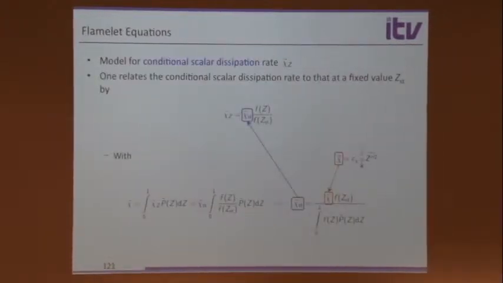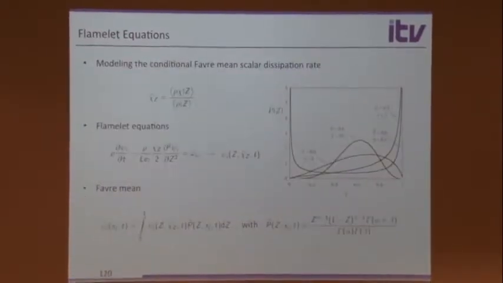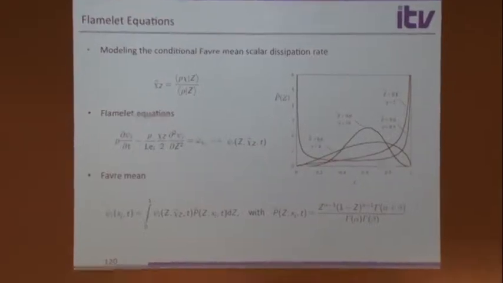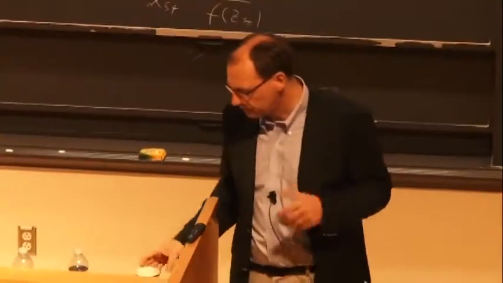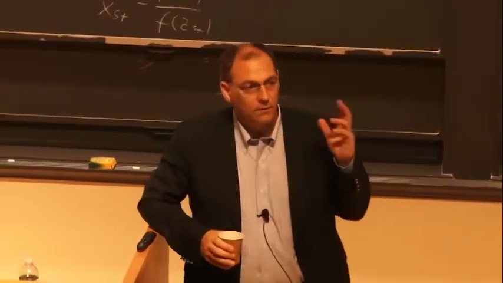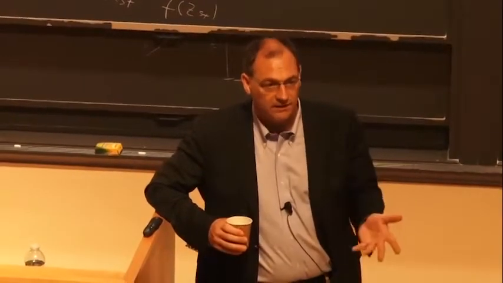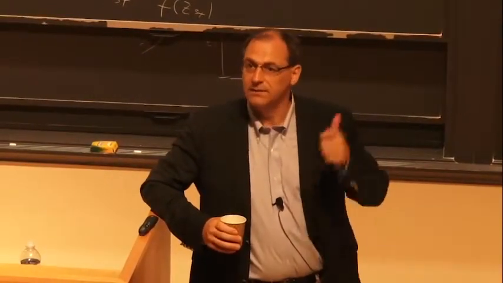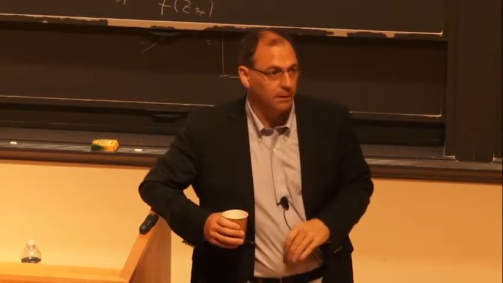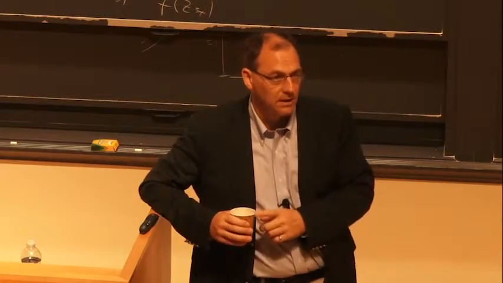Now, there are different flavors. So let me say this: a flamelet model is not a model in itself. The flamelet idea is just a concept. We say the chemistry is relatively fast, and because of this, the local structure can be described by the solution to this equation.